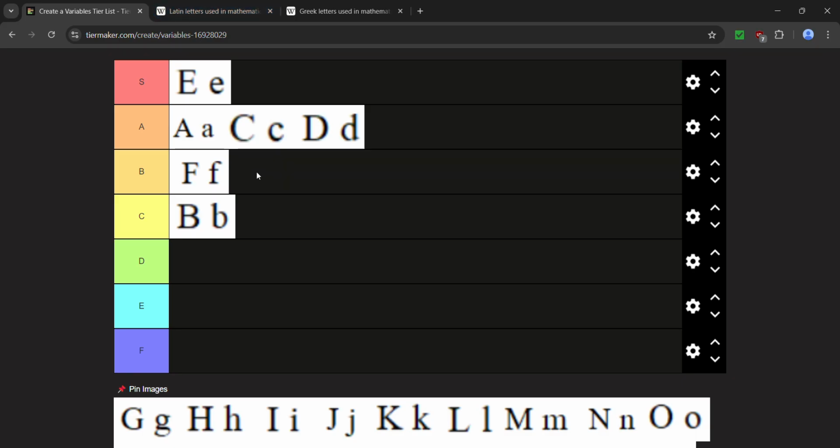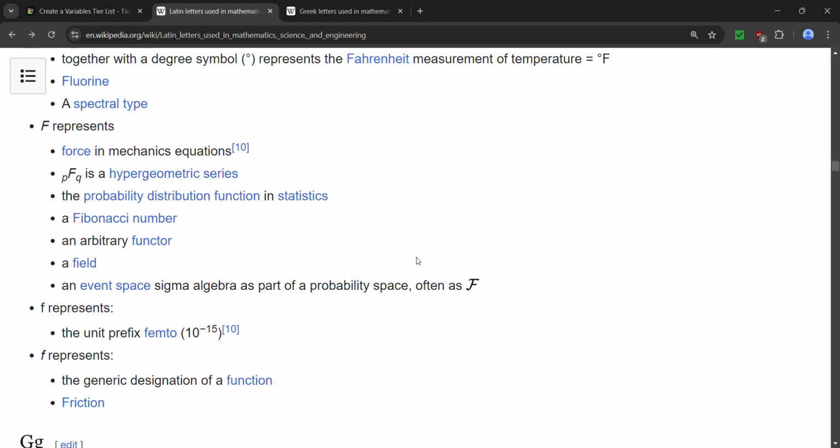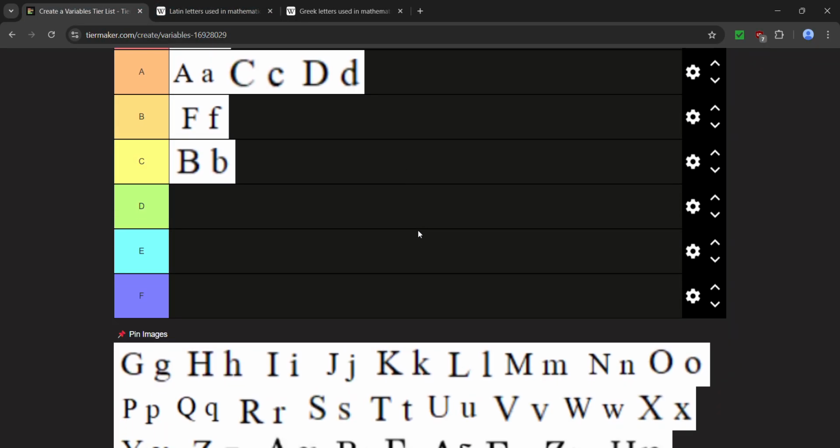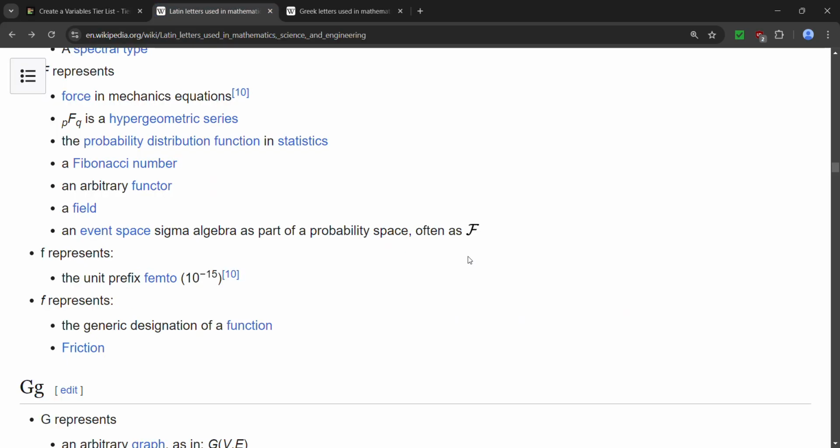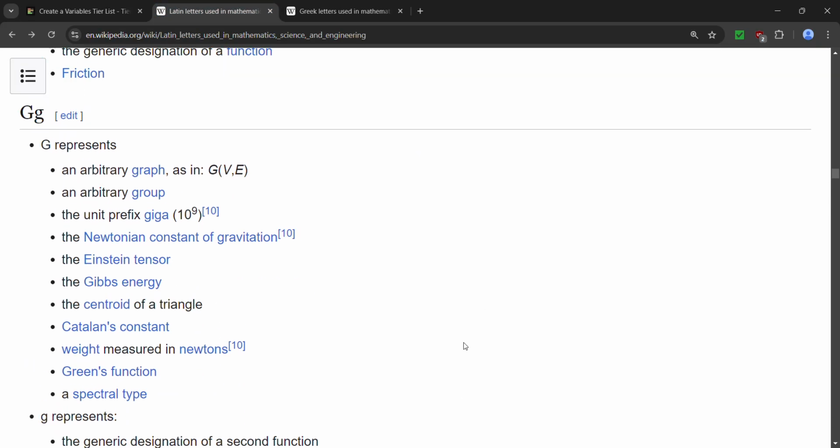And I mean, there's a couple other things on here that are a little bit important. Okay, G. Bunch of math stuff that I don't understand. Graph groups. Gravity, yeah, gravity's big.